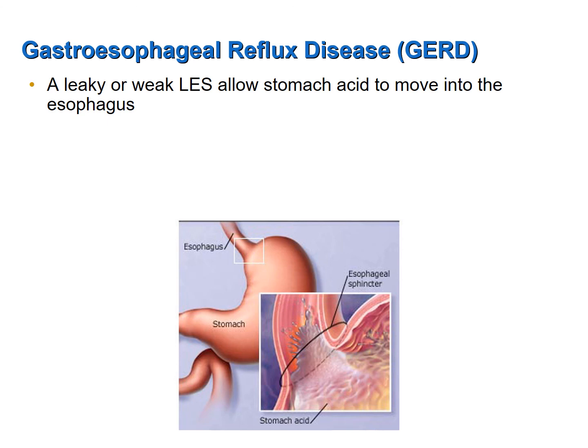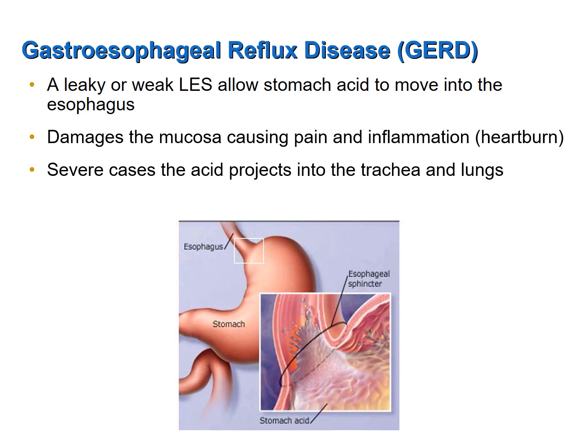Gastroesophageal reflux disease, or GERD, is a condition where one has a weak or leaky lower esophageal sphincter, and the sphincter allows stomach acid to move into the esophagus. There, the corrosive nature of the stomach acid damages the mucosa, causing pain and inflammation.